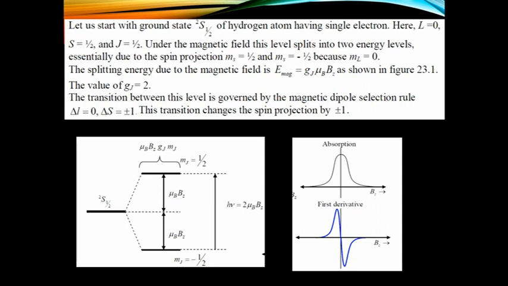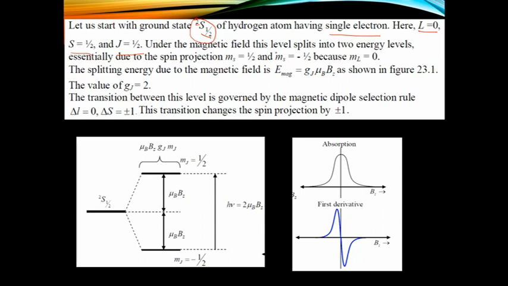So let us start with the ground state where S is equal to half. I'll tell you about this doublet later. This is the S equal to half of the hydrogen atom having a single electron, hence L equal to 0, S is equal to half, and J is equal to half. J is the orbital moment number.